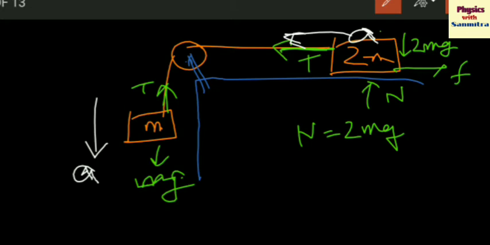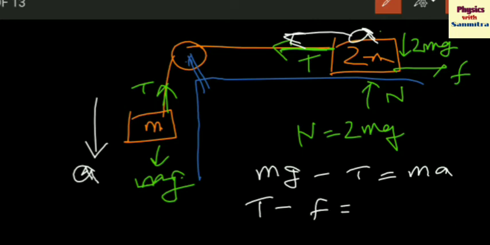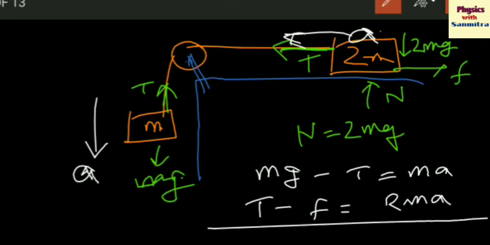Now what we can do here, for the block of mass m, mg minus T is ma, and T minus f will be 2m into a. Now if I add them, T will cancel.